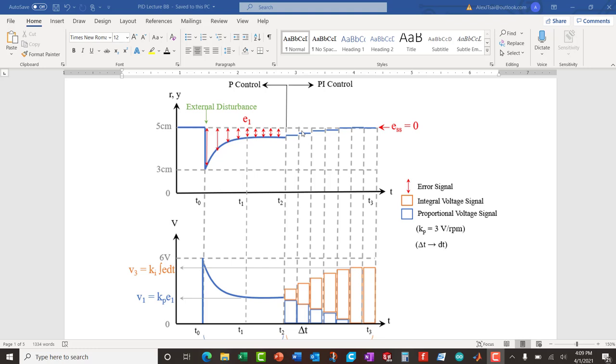So without dwelling too much in that theory, the integration destabilizes the system, while derivation stabilizes it. Okay, so in math, one is the opposite of the other. Okay, the antiderivative is the integral, and it makes sense that in the performance of the controller, they have this duality. Okay, one takes care of steady state, and the other one takes care of transient. One destabilizes, but the other one stabilizes.